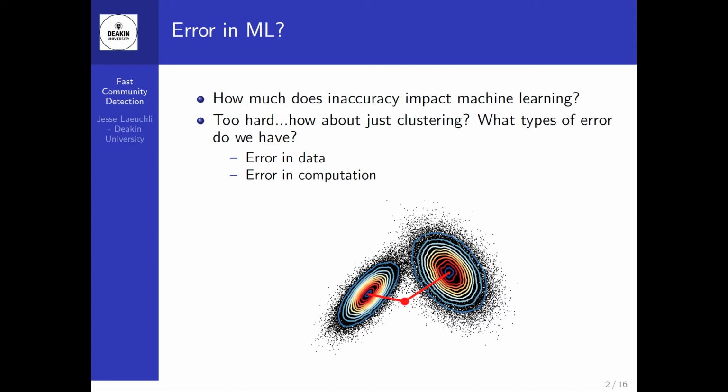So that's very attractive. On the other hand, we could also compute the eigenvector inaccurately. Instead of doing 10 to the 8th or 10 to the 16, we could compute 10 to the minus 1. So how does that impact our clustering?